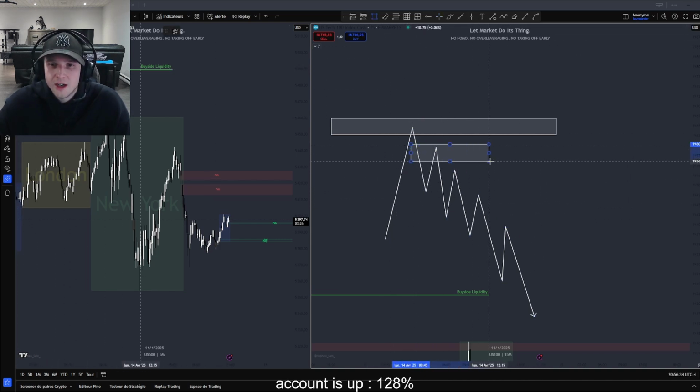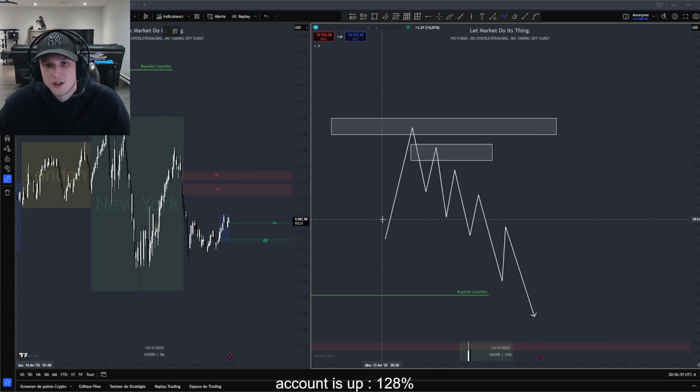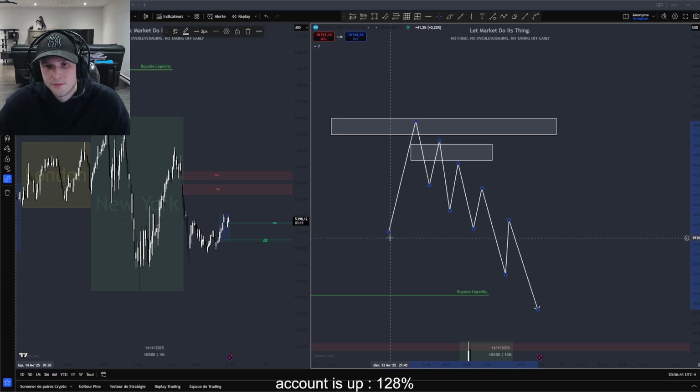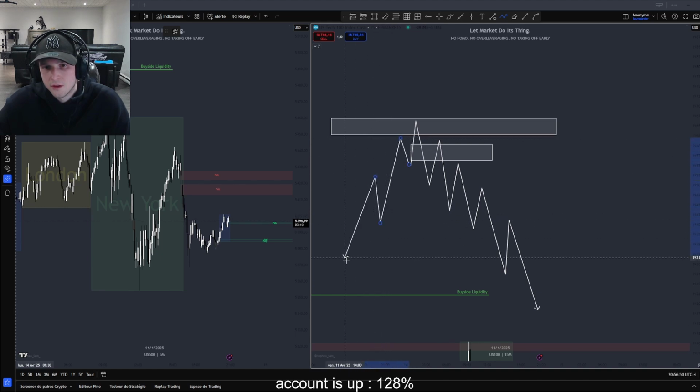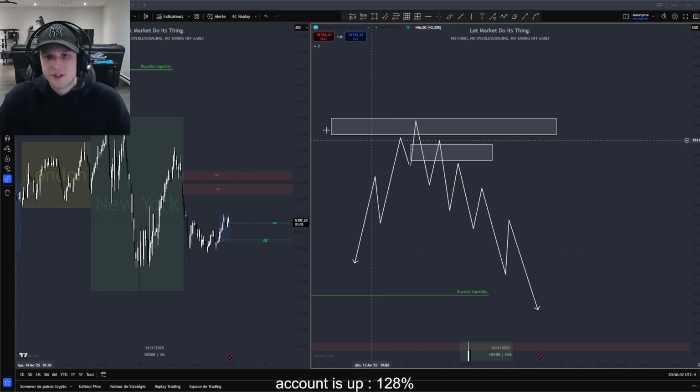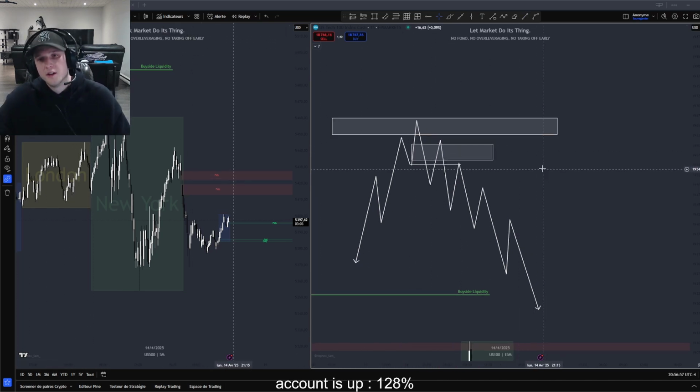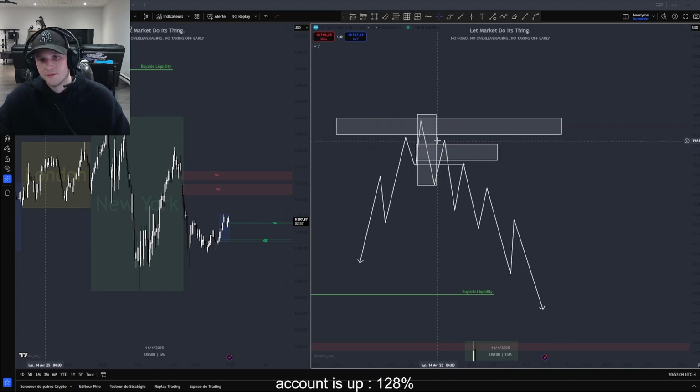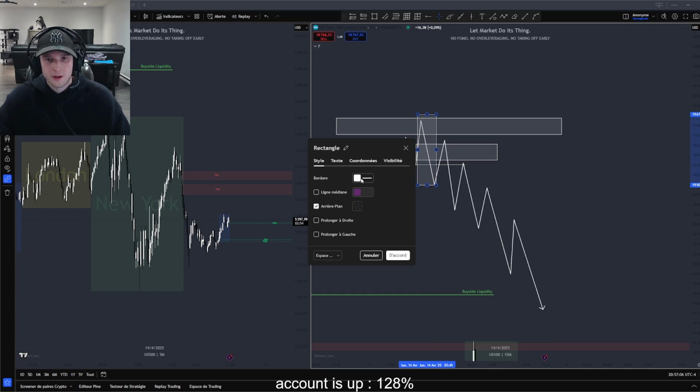Now you say, okay, I think this is a market structure shift here. Actually, I should have done it like this. Hold on. Can I modify this? There you go. Like this, and then this was coming like this. Okay. So you say, okay, there's my market structure shift here that we talked about, right? And there's displacement here in this candle. This candle here has displacement. Okay? I'm gonna highlight that in another color so it's easier.